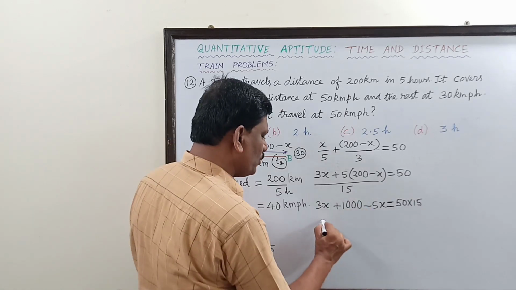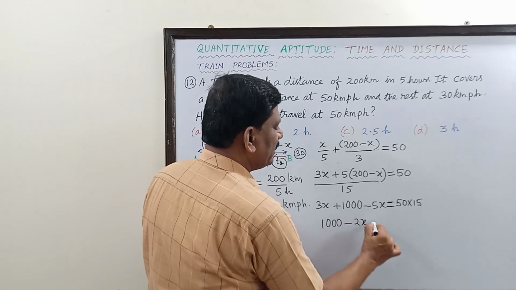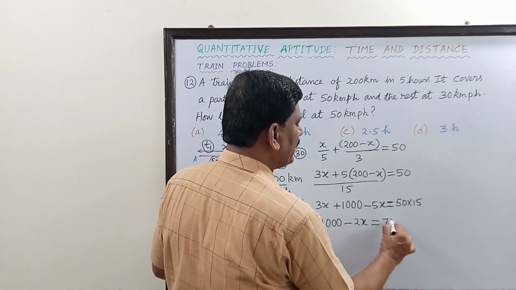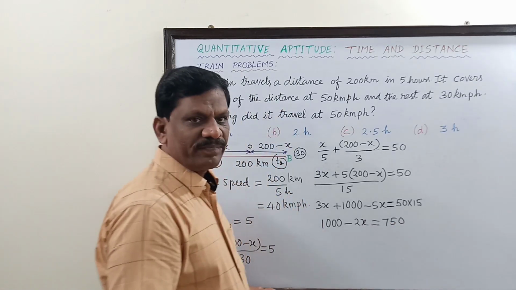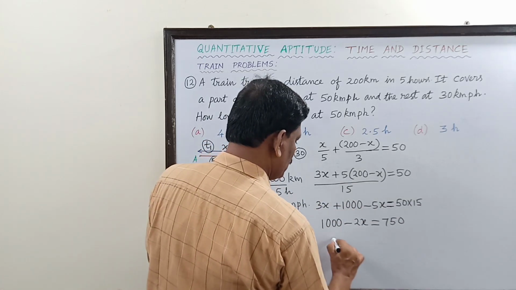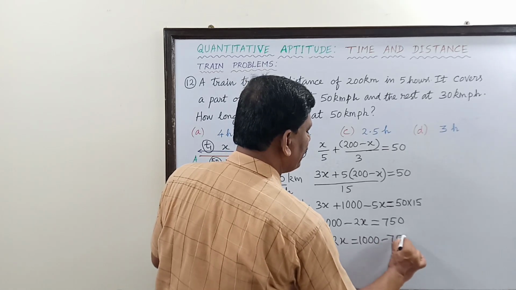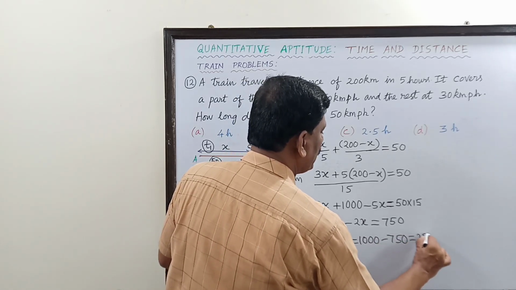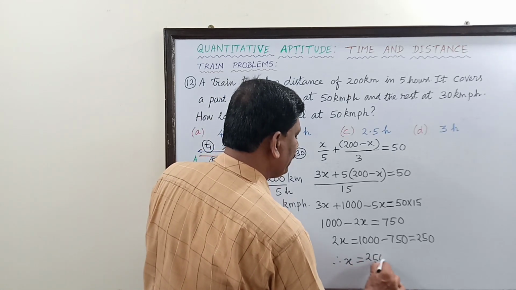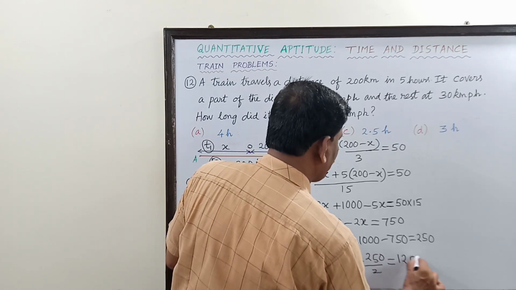So 1000 minus 2x is equal to 15 5s are 75, so this will be 750. Okay. So minus 2x I will take to the other side. It will become plus 2x. So 2x will be equal to 1000 minus 750, which is equal to 250. Therefore, x is equal to 250 divided by 2, that is equal to 125.